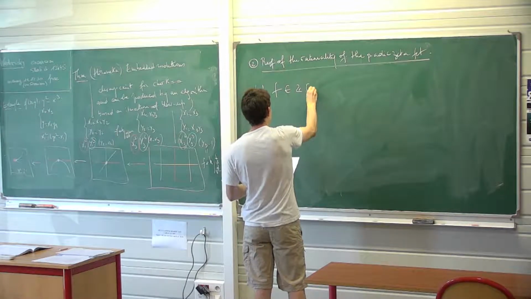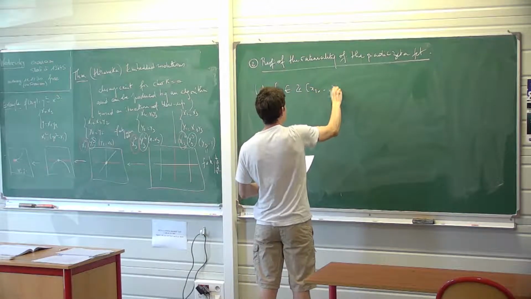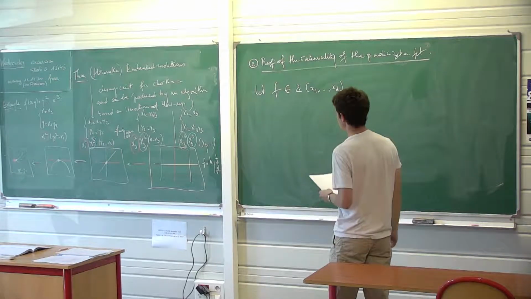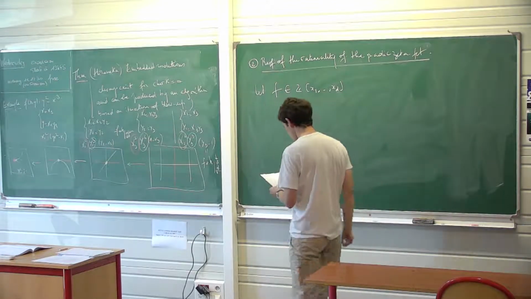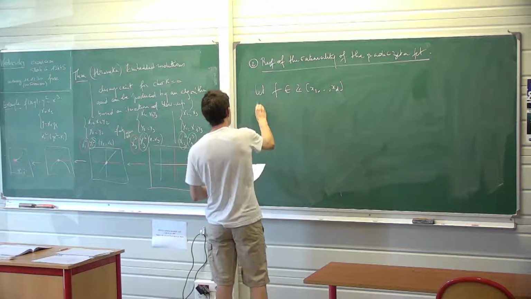I start with a polynomial f with integer coefficients and d variables. I fix p a prime number.